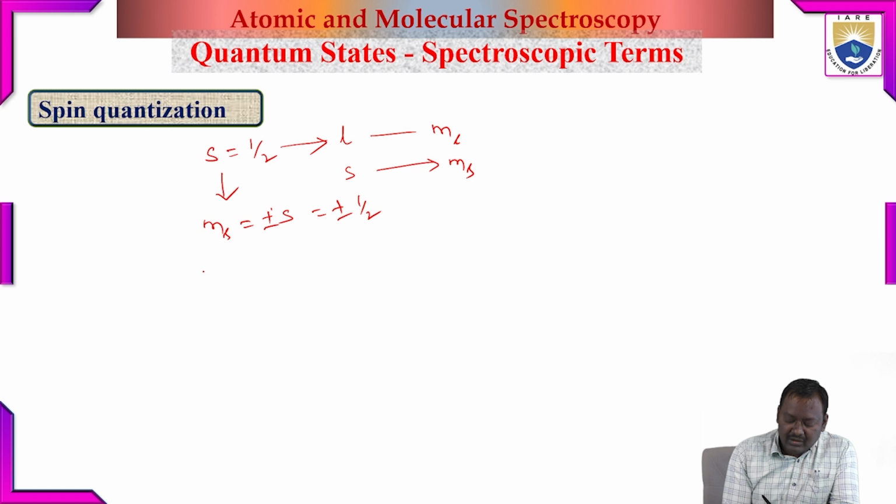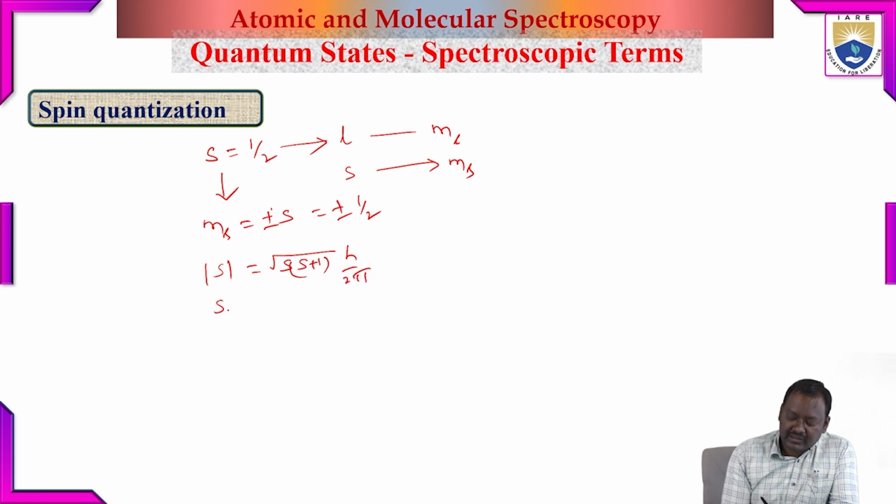The length of the spin momentum can be represented, as with L bar, by S bar equal to square root of S into S plus 1 times h cross, or h by 2 pi.